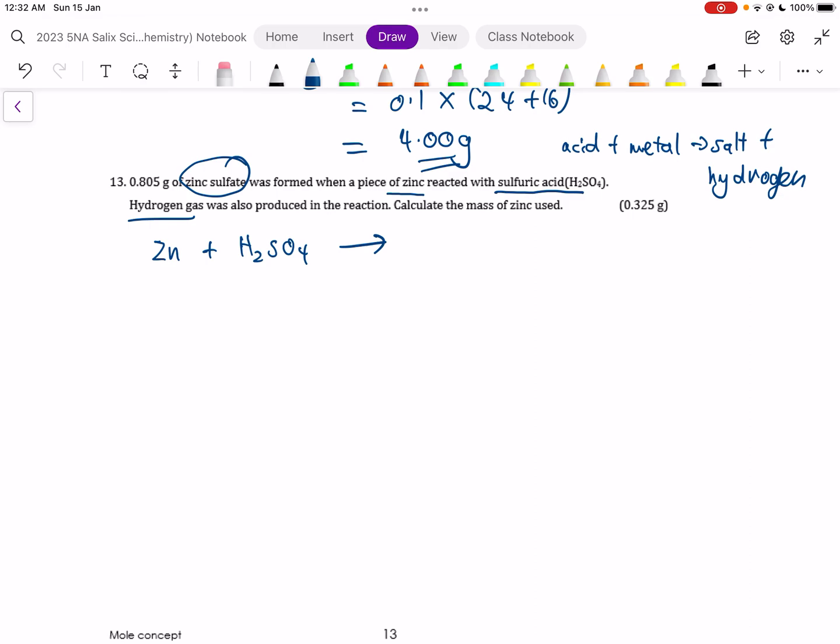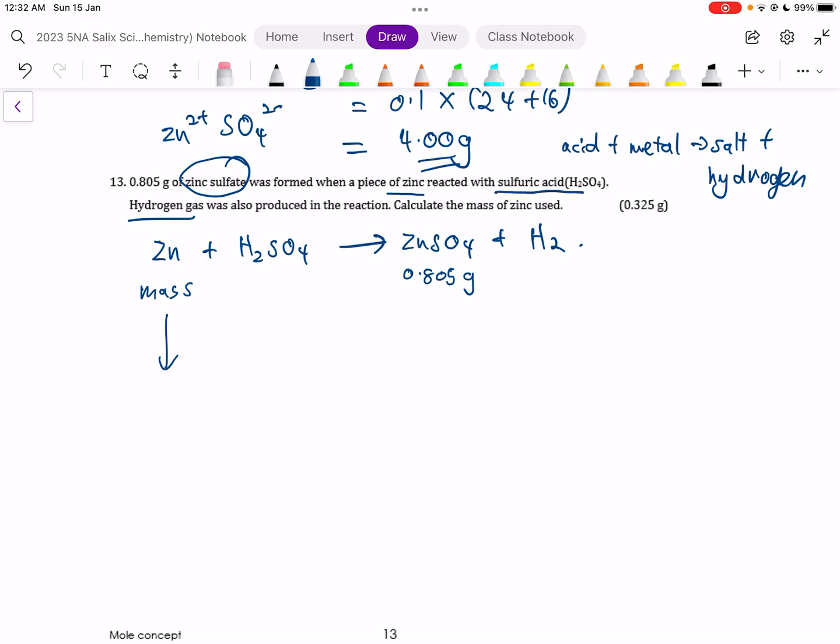Then you get zinc sulfate. Zinc is Zn2+, sulfate formula is SO4 2-, as well as hydrogen. So you are told this is 0.805 grams. Calculate the mass of zinc that they use.